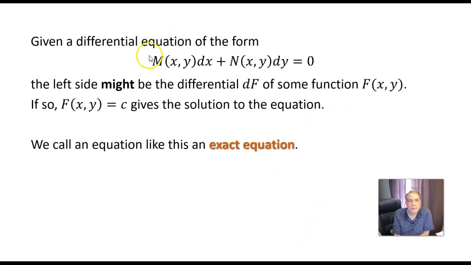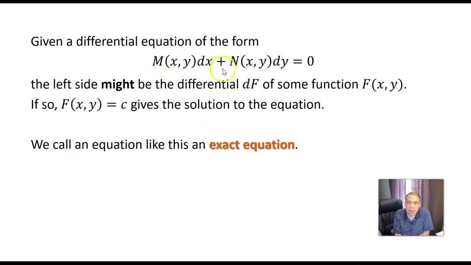So, given a differential equation of the form something times dx plus something times dy equals 0, the left side of that equation, made up of something times dx plus something times dy, might be the differential of some function. And if it is, then by taking the function that it's the differential of and setting it equal to an arbitrary constant c, that gives us the solution to that differential equation.